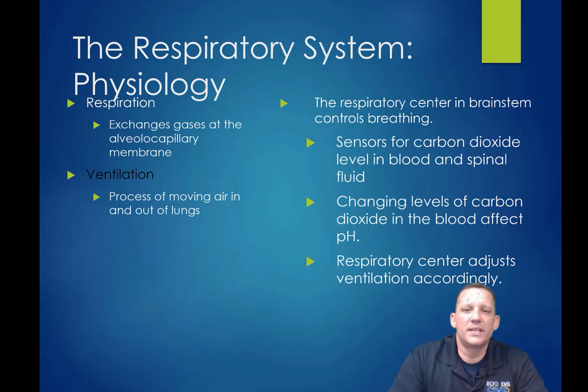So the respiratory center, or the pons, is the center for breathing in the brainstem. And the CO2, or carbon dioxide levels in the blood, create the sensation of wanting to breathe. So when we're holding our breath and we get that burning sensation and that overwhelming urge to take a breath in, that is as carbon dioxide levels rise in the bloodstream.